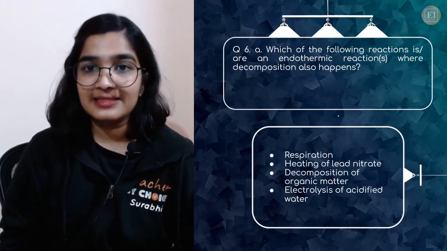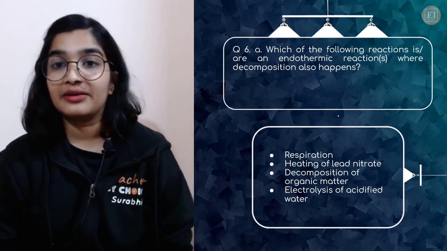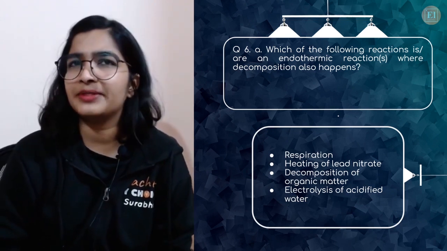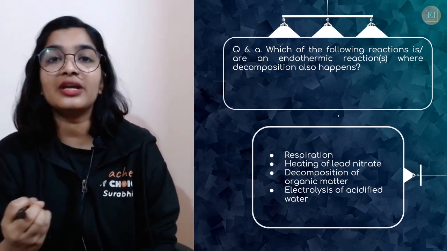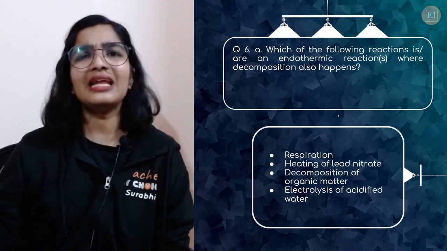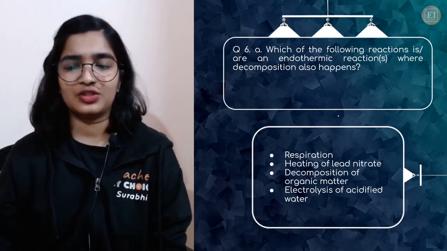Question number 6 is, which of the following reactions is or are an endothermic reaction where decomposition also happens? So there is decomposition going on, but it is an endothermic reaction where there will be absorption of energy in any way, light, heat or electric energy.